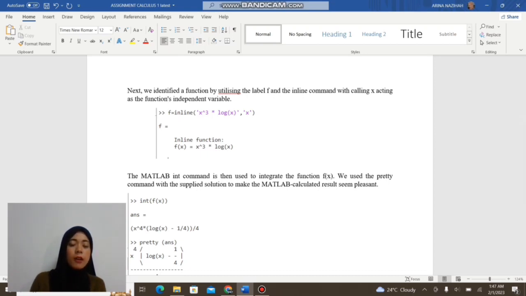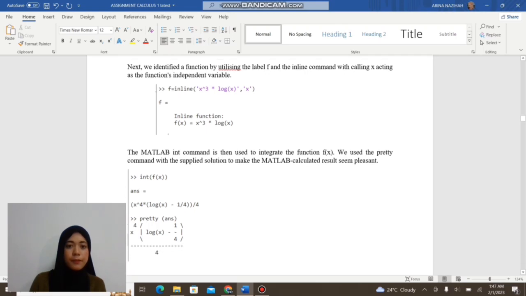The left side is the function name, and the right side is the inline expression: x to the power of 3 times log x, and x.